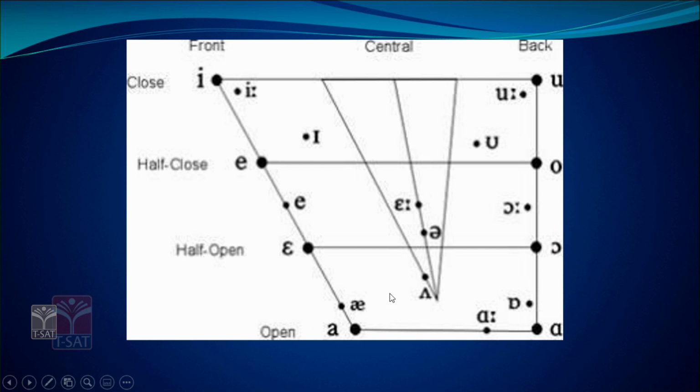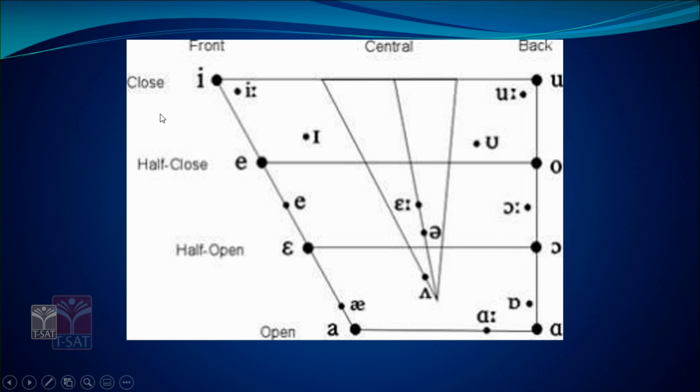That means during the production of these vowel sounds, the front part of the tongue is involved. And these are considered back vowels, meaning the back part of the tongue is involved. The central vowels are also shown. So front, central and back refers to the particular part of the tongue which is involved in the production of the vowel sounds.